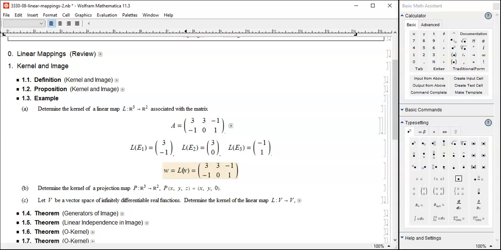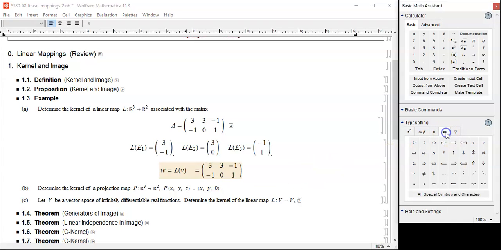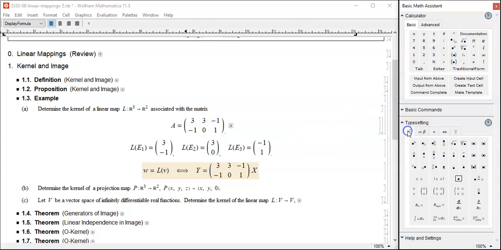W equals L of V. That expression is equivalent to y equals Ax.